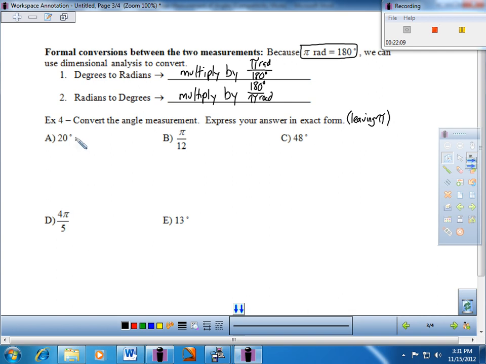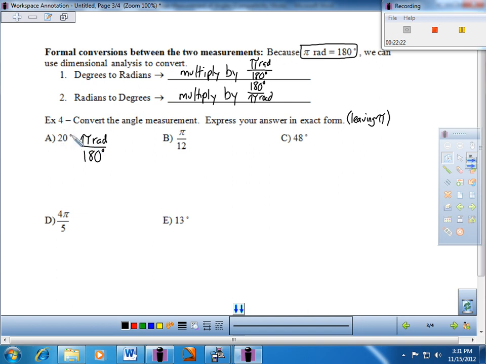So 20 degrees, let's see what that would be equivalent in radians. In this case, 20 degrees, to go from degrees to radians, as it says, I'm going to multiply by pi over 180. Those two things right here are the exact same number in two different measurements. And so really, I'm not changing the value of what I start with.